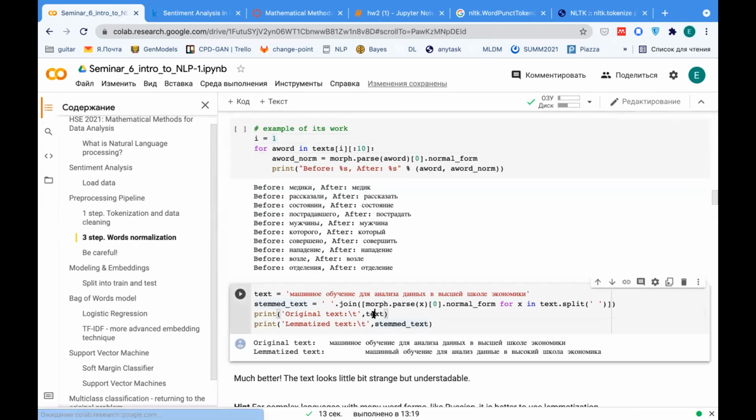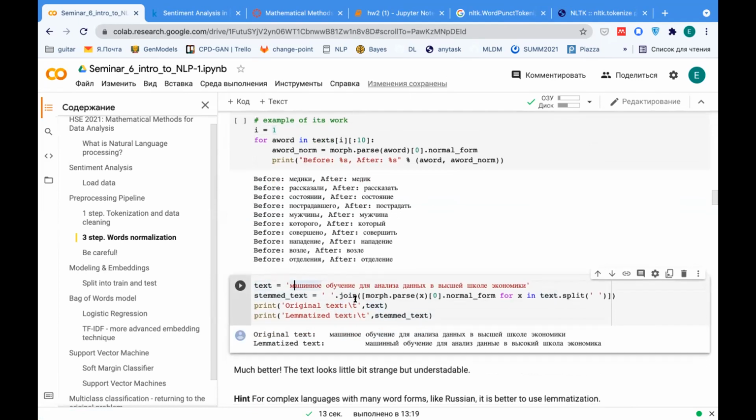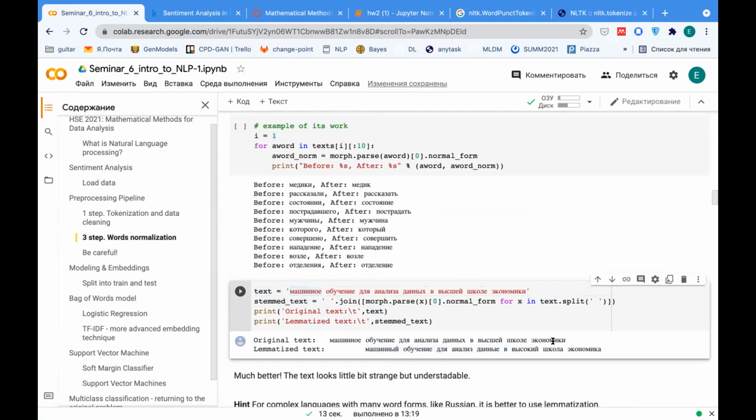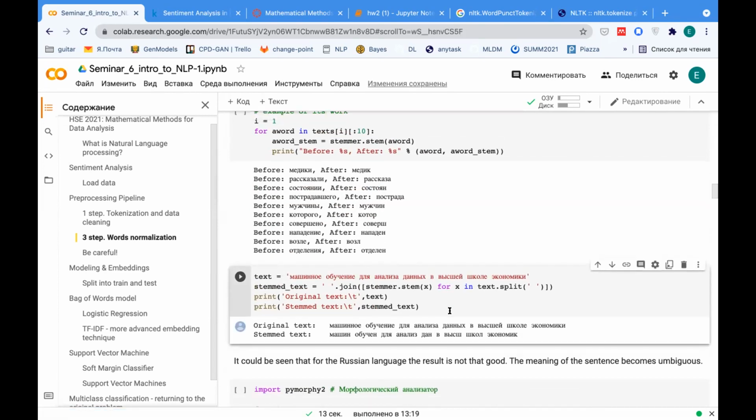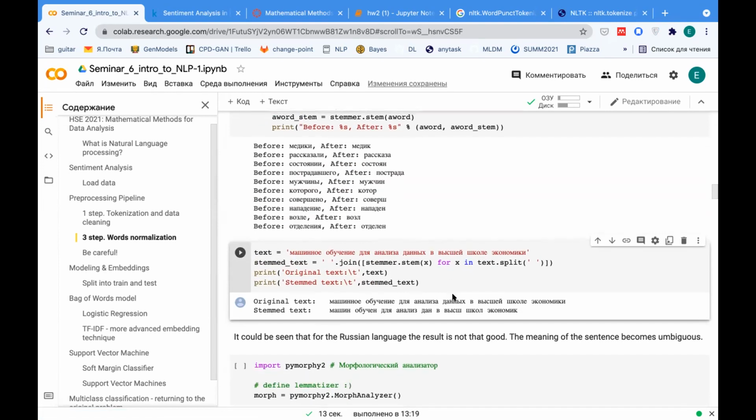And if we take again the same sentence that we used in stemming, we can also see that the sentence is much better than we have it in stemming. But actually, probably for some algorithms, it's not very important.